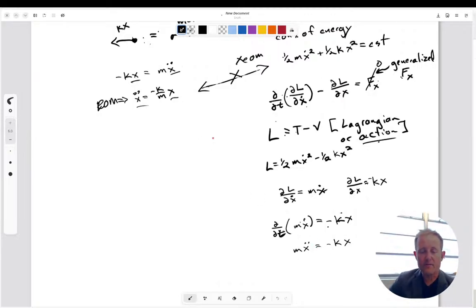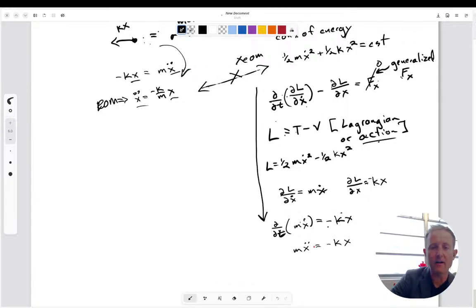Now, for sure, we did more steps to get from here to here than here to there. But we're only dealing with one single force, 1 degree of freedom, 1 force acting on our item. And in both cases, we still end up with the same equation of motion. Negative k over m times that x.